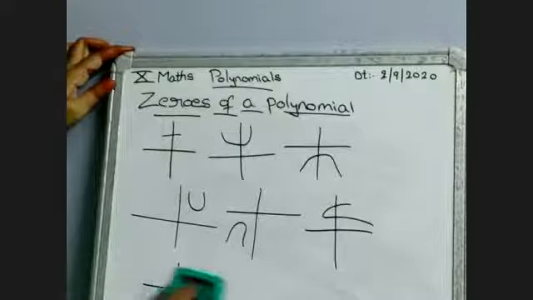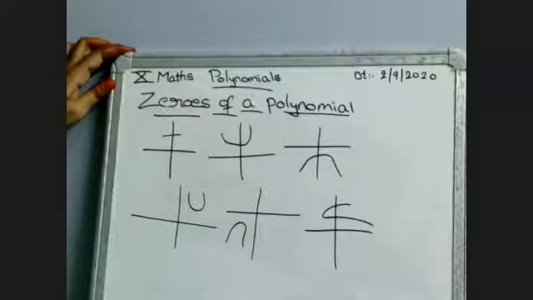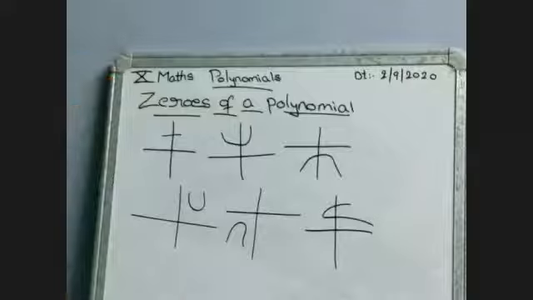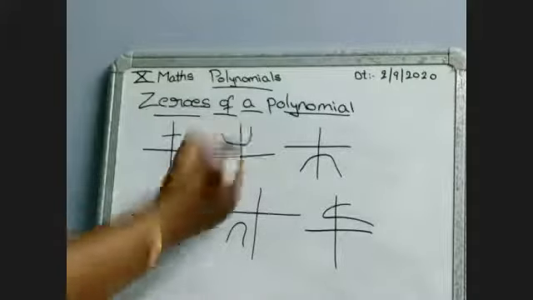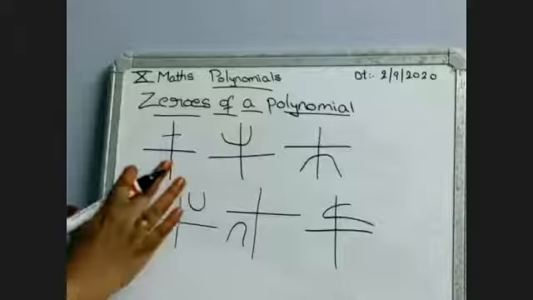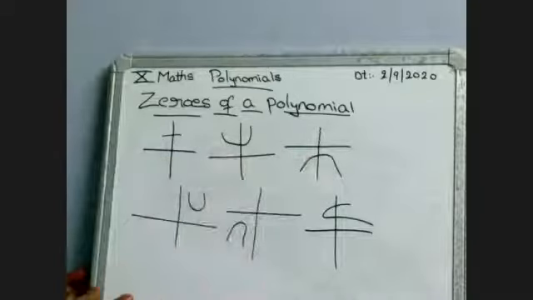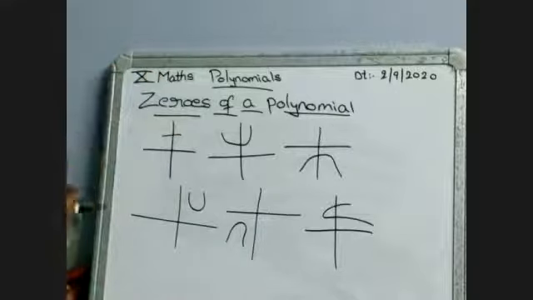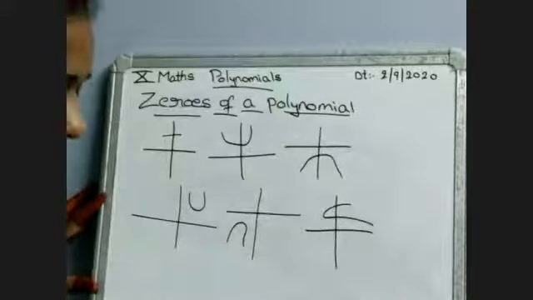Zeros of a polynomial means nothing but, if you take any graph, the point where the graph cuts the x-axis is called the zeros of the graph.